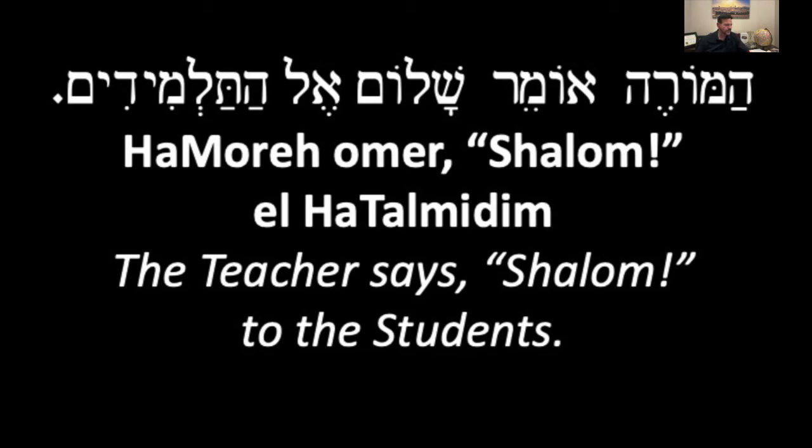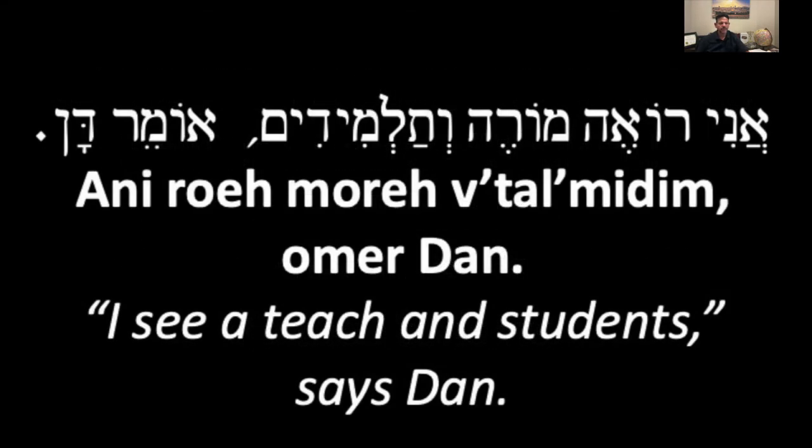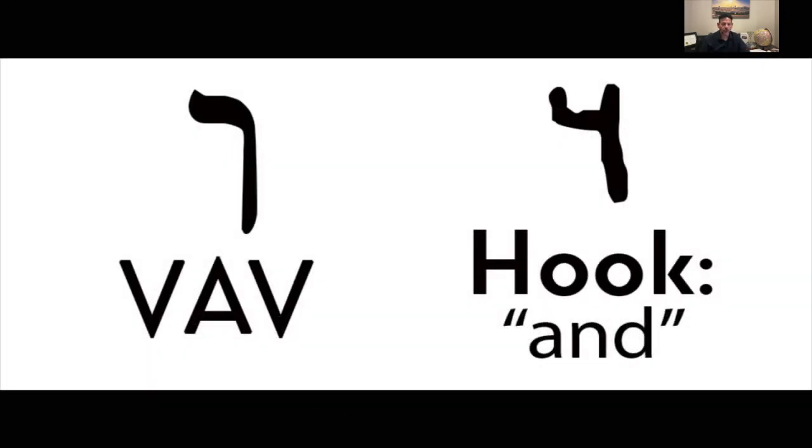So the teacher asks him, what do you see? And he responds, ani ro'eh more. What does he see? I see a teacher. Now we have the letter Vav, which is a prefix that we found out the letter Vav can be a picture of a hook in Paleo Hebrew, but it is used to hook words together in a conjunction, which is the English word and.